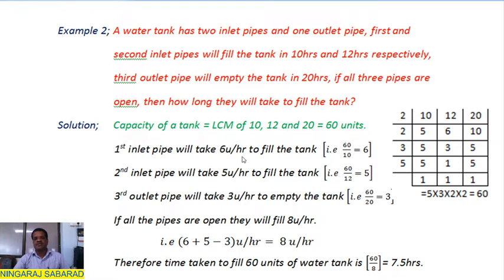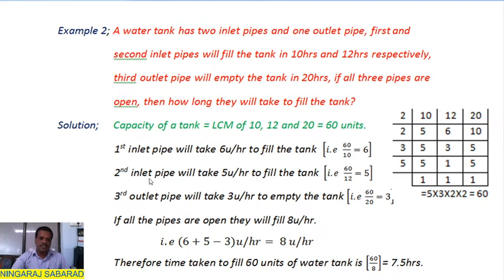It is the rate of filling by the first inlet pipe: 60 divided by 10, where 60 is the capacity of the tank and 10 is the time taken by the first inlet pipe. This gives 6.